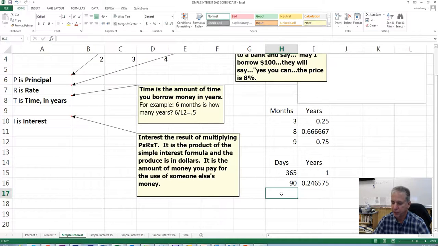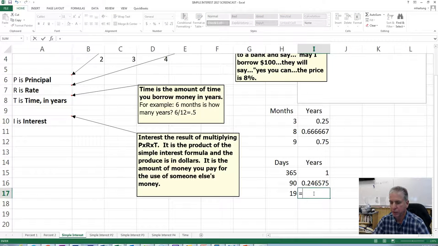How many years is 19 days? 0.052055 years. Or you can use it as a calculator, type it in directly. There you go. So that's how you can convert months and days to years.